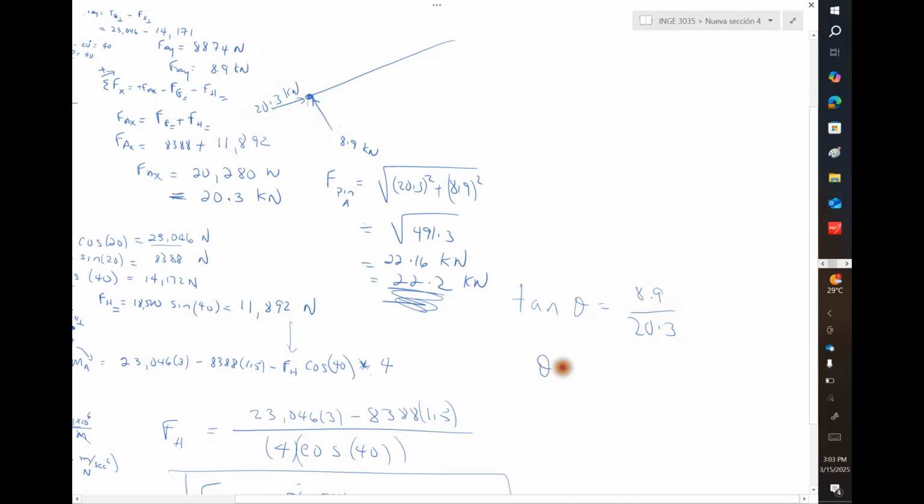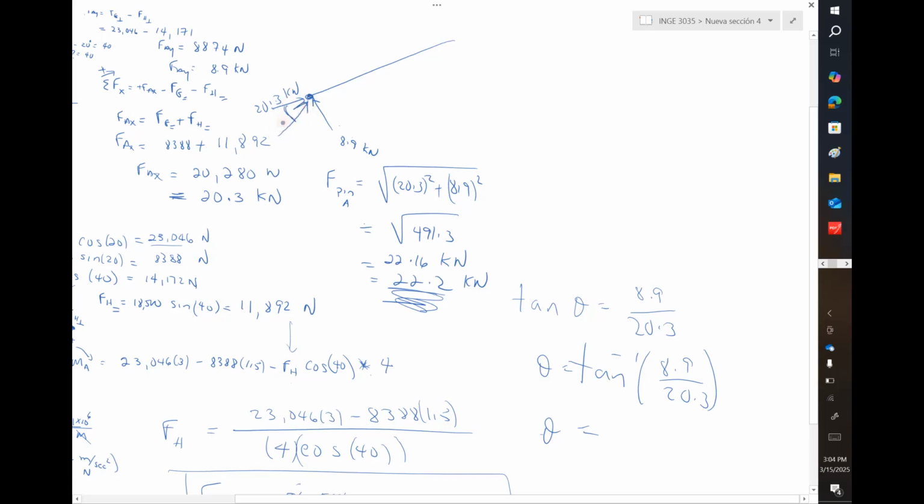So theta is equal to the inverse of the tangent of 8.9 divided by 20.3, and that's about 23 degrees, meaning that the actual force, from the x direction, is coming like that.